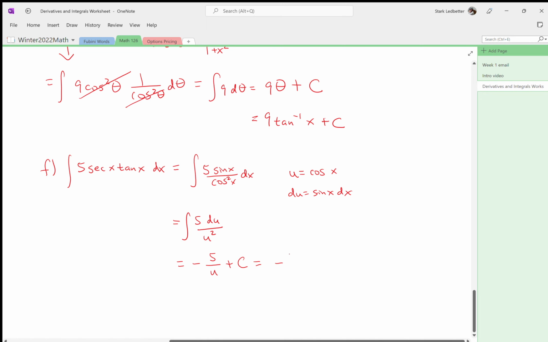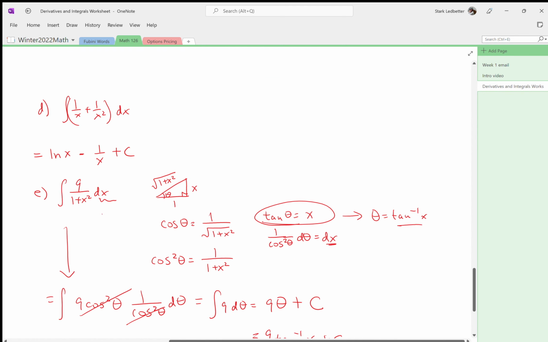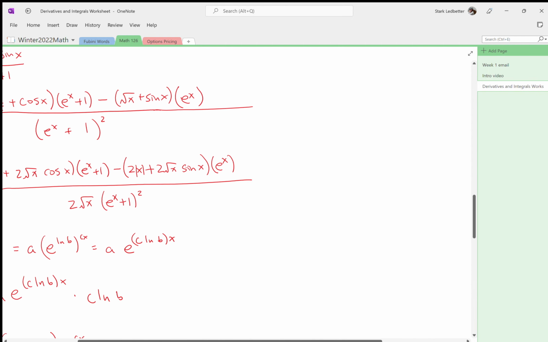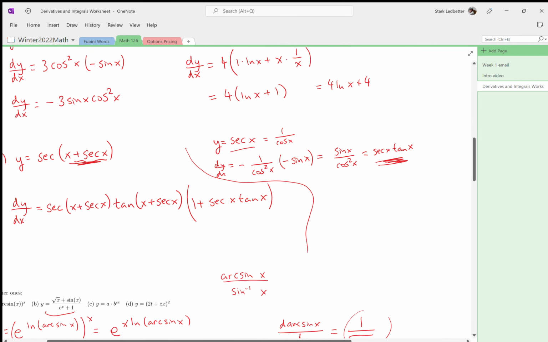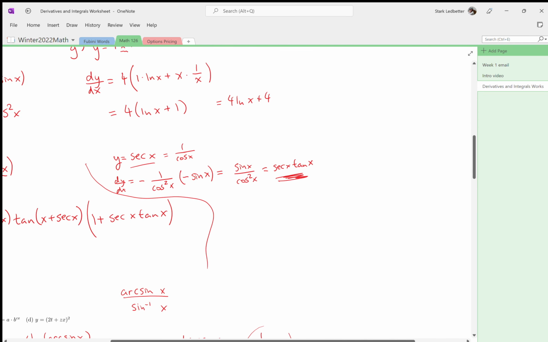Because this is going to be negative 5 over cosine x plus c, or negative 5 secant x plus c. Let's find out if my first video was wrong. I got a negative and a negative. Is that right? I think that's right.